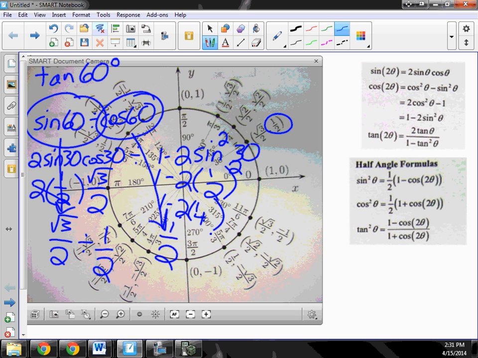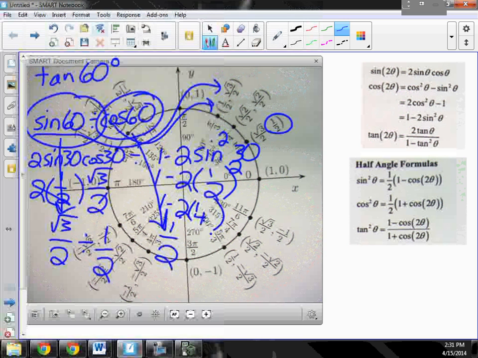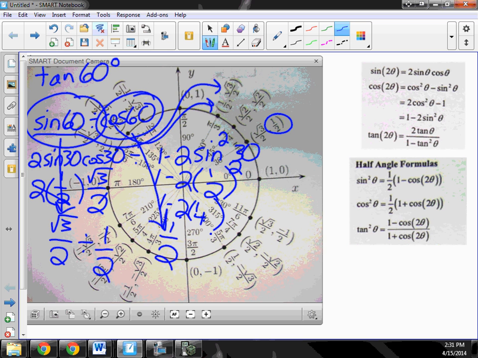Which I knew sine of 60 is root 3 over 2, and cosine of 60 is 1/2, so I'm doing it right. Now how do you divide two fractions? Just flipping times. So 2 over 1, the 2's cancel, and the tangent is root 3. Oh boy.